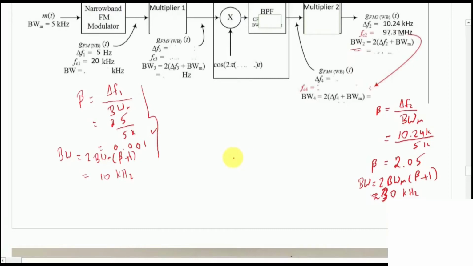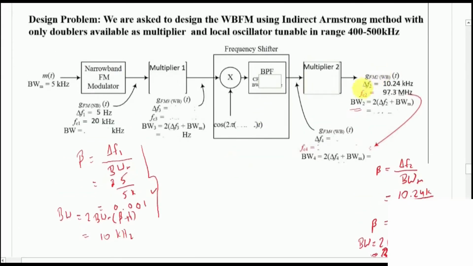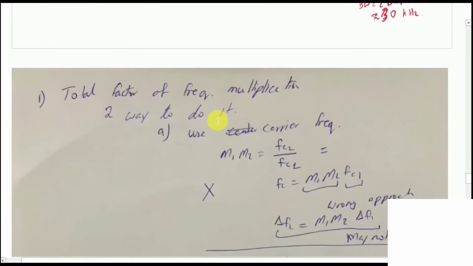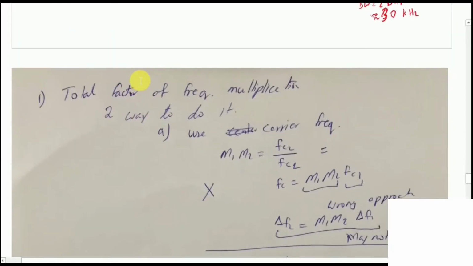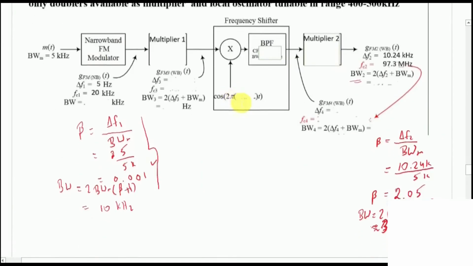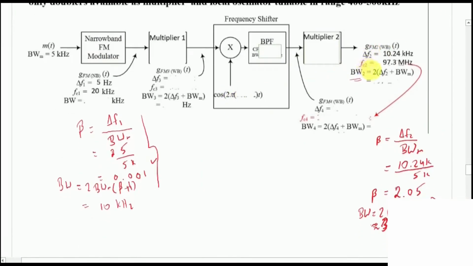Next in line is the design of the rest of the parameters. The first thing we would do is factor in the number of multipliers that we would need. We know the carrier frequency at the output of wideband FM, and we know the carrier frequency FC at the output of narrowband FM.